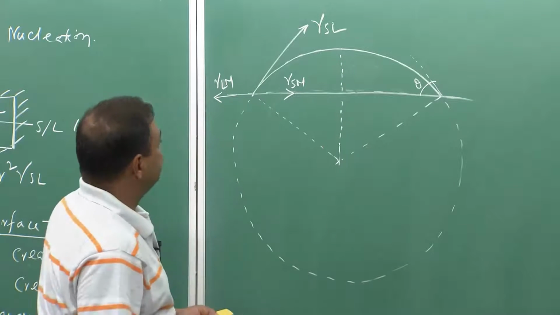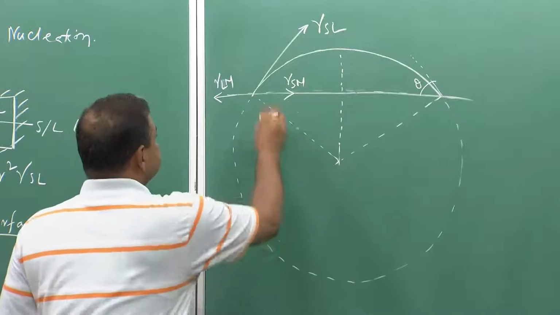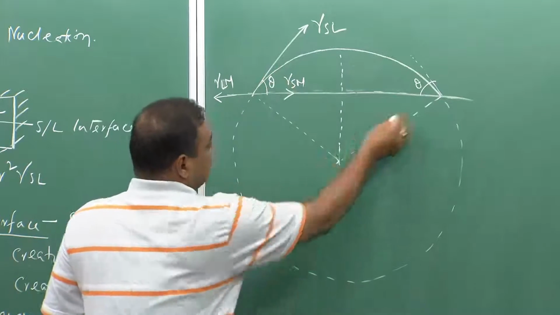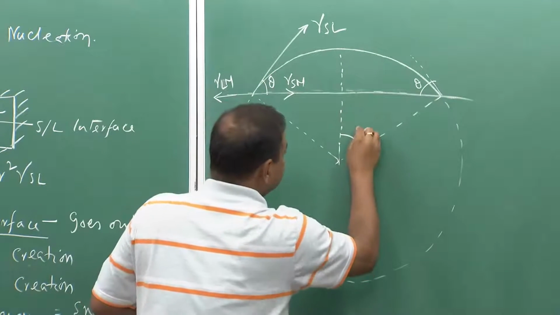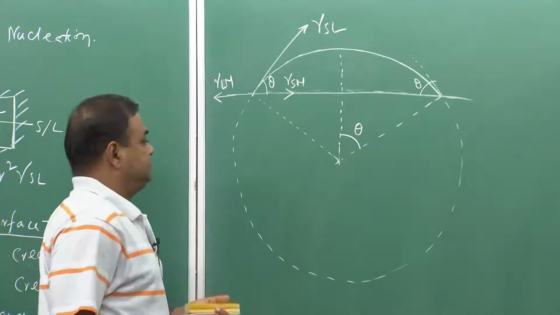If we have this arrangement, now this is also theta. If we do solid geometry, you will see that this also becomes theta.